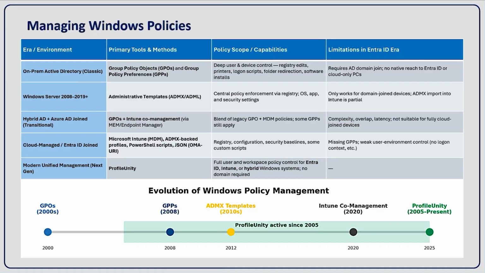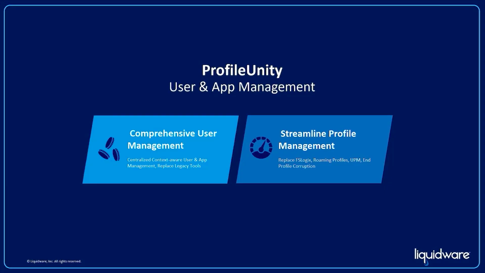All right, let's make a note to show in today's demo that in ProfileUnity, our summary reports can make up the difference in that area and overcome all these limitations that you see here. As you see in that final block, as I called your attention to before, limitations in the Entra ID era are not there if you're using ProfileUnity.